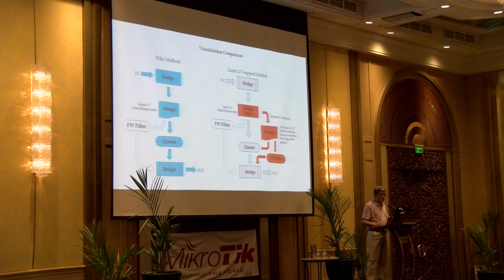My approach gives us the option to use all the available layer 2 fields. In other words, if you want to filter something from layer 2 and match it with the mangle, with layer 3 or layer 4 or whatever, then you can specifically tell Mikrotik, this is the packet that I want. So it is more precise, it's more effective, and it's more, what do you call that?